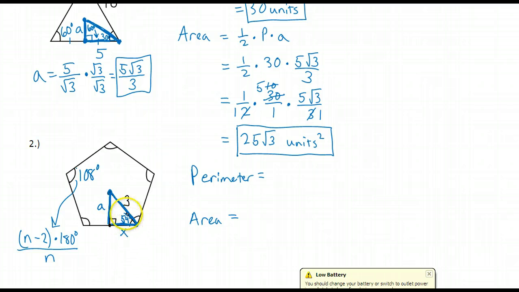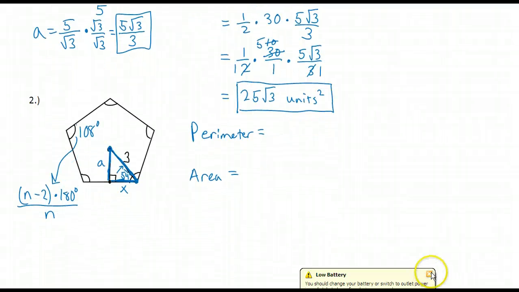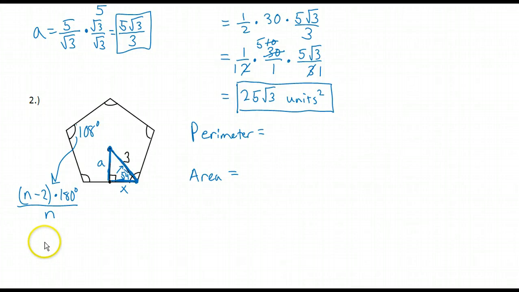If this is 54 degrees, 3 will be my hypotenuse, A will be my opposite side, and X will be my adjacent side. So to solve for A, I'm going to use sine. Sine of my angle, 54 degrees, is going to equal my apothem, the opposite side of this triangle, divided by 3.